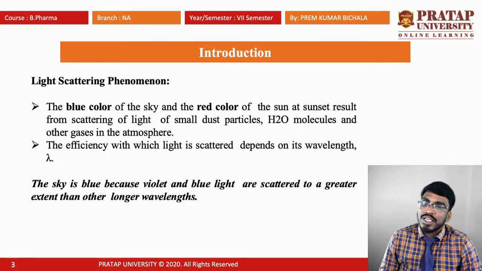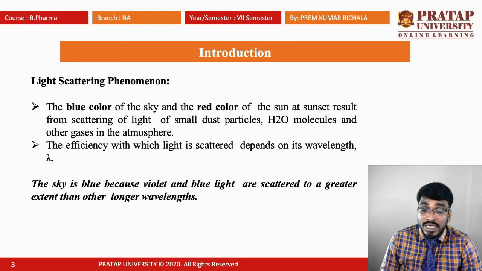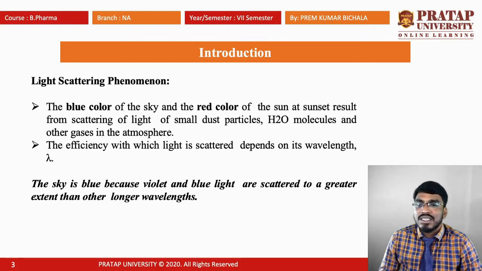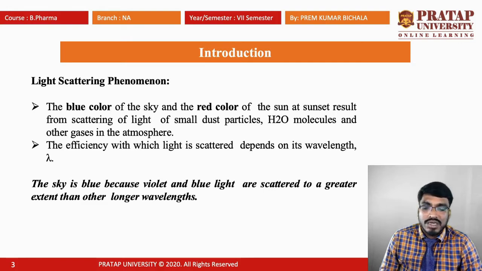The sky is blue because violet and blue lights are scattered to a greater extent than longer wavelengths. This is the scattering phenomenon, and it is the best example of the blue color of the sky as well as the red color of the sunset.